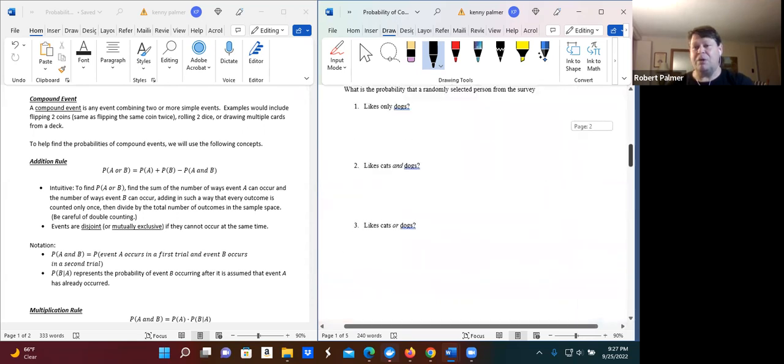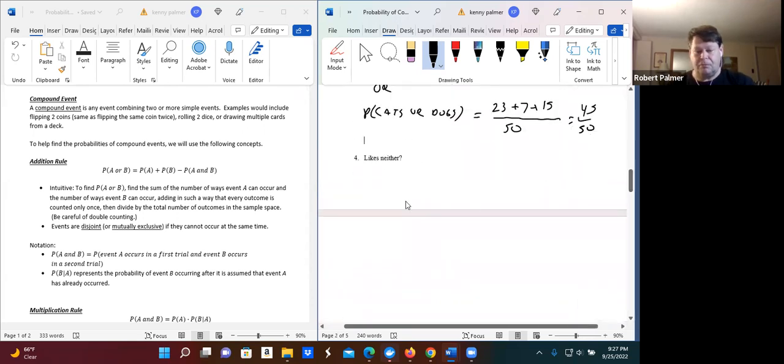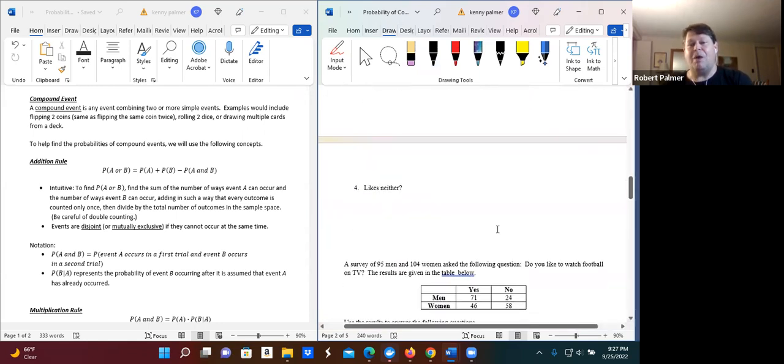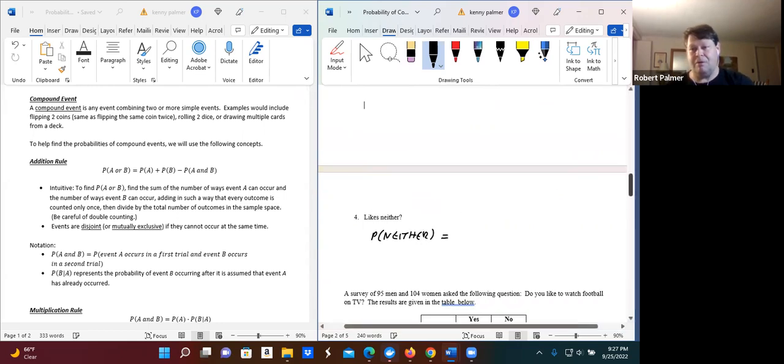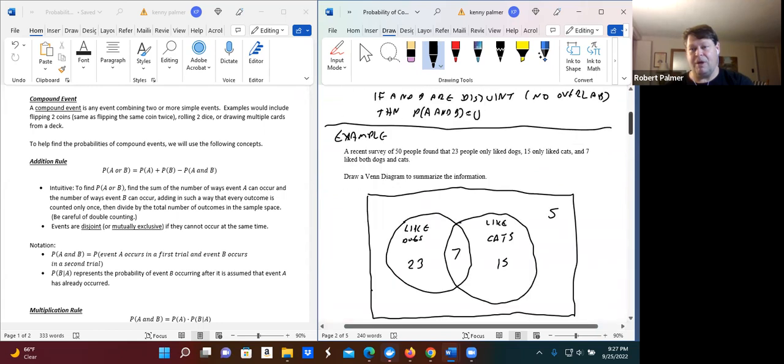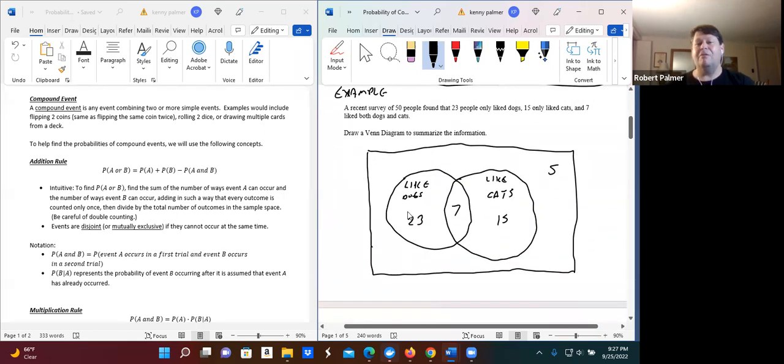Now, last question. In fact, let's move this to the next page. What's the probability of picking someone at random who likes neither? Okay, this is the probability of neither. We said in our Venn diagram that after we counted all the people in these two circles, the ones who like either cats or dogs, there were 5 left over out of the 50.